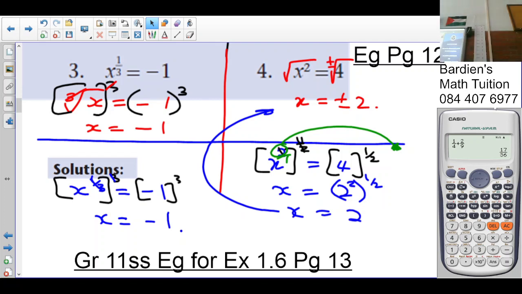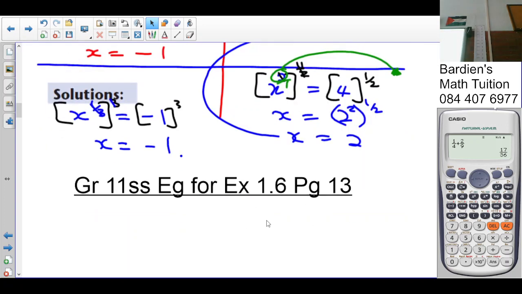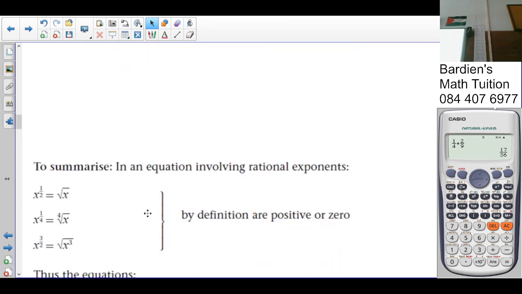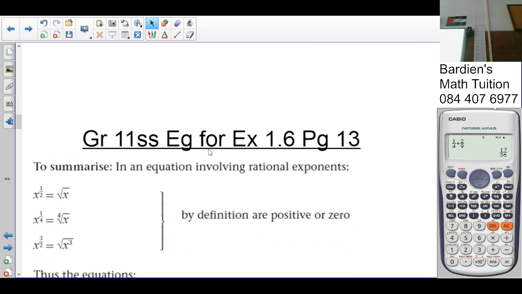So by doing that, you will say, okay, that's even. There goes plus minus. You all okay with that, people? Right. So just something to note here.